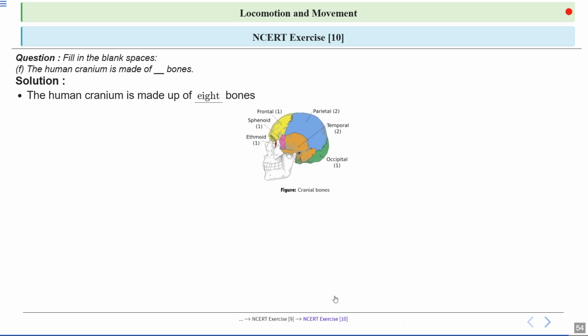So you can see the structure of cranial bones. You can see the components. We have one frontal, one sphenoid, one ethmoid, two temporal, two parietal, and one occipital. So these are the main components of cranial bones. Talking about the frontal bone, which is only one in the cranial bones, it forms the forehead.